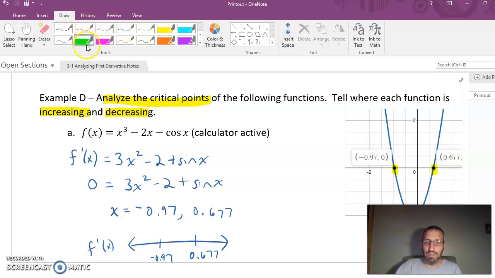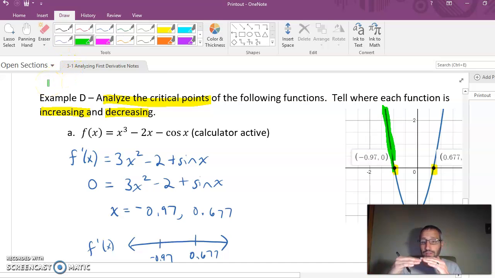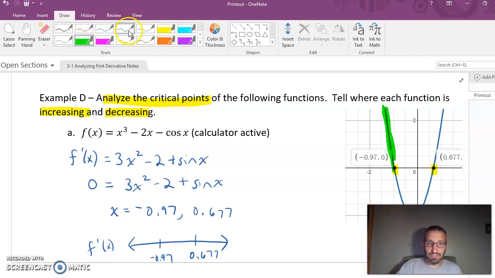We've got the graph. From negative infinity all the way to that first critical value at negative 0.97, the derivative is above the x-axis, which means a positive output.